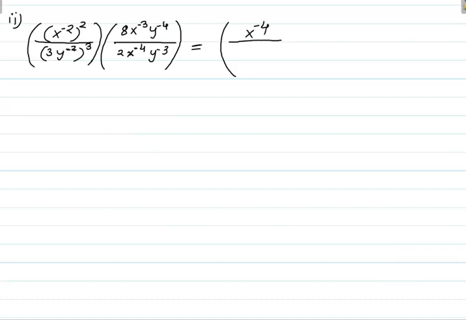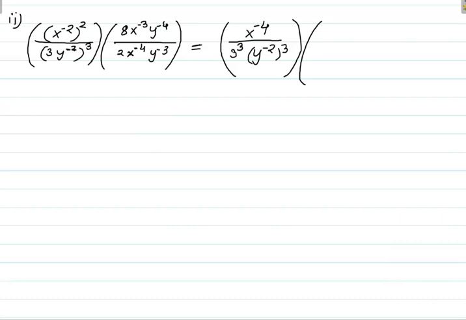Here you can see there is a whole power 3, and many students make a mistake here: they don't distribute the 3. So don't forget to distribute the power 3 to each element inside the parentheses. So it's 3 raised to 3 times y raised to negative 2 times 3.